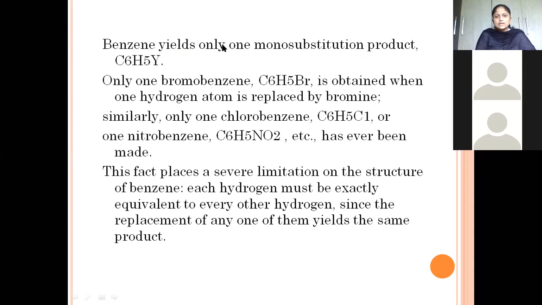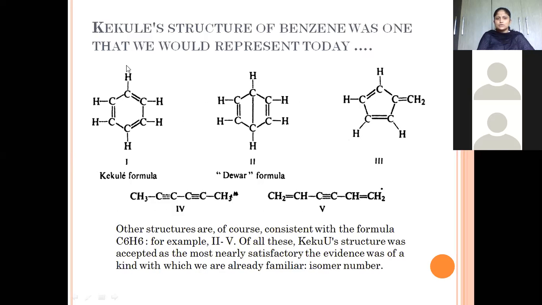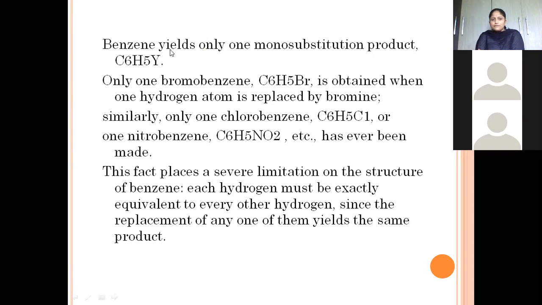Now, benzene yields only one mono-substituted product. What is the structure of benzene? We know the structure of benzene possesses 6 carbon atoms and 6 hydrogen atoms. But when this benzene undergoes a substitution reaction, in the second and third slides we have discussed that aromatic compounds generally prefer which type of reaction?